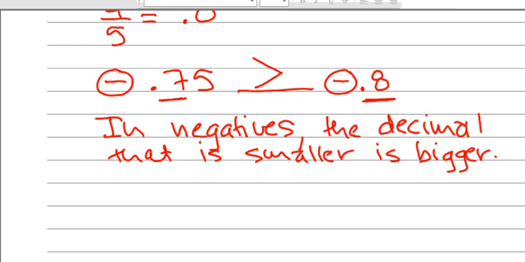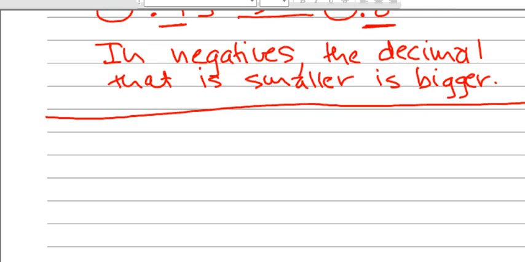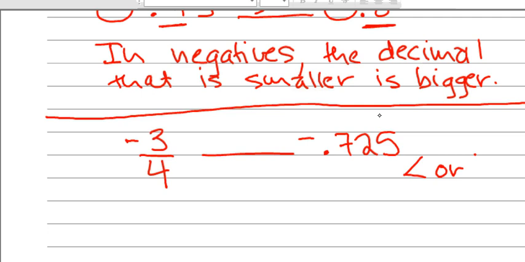Let me do one more of those with the negatives. Is negative 3/4 less than or greater than negative 0.725?